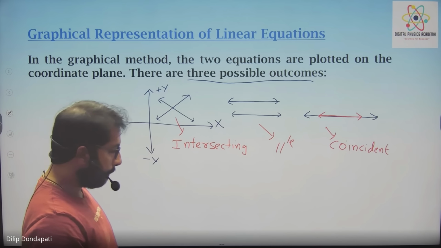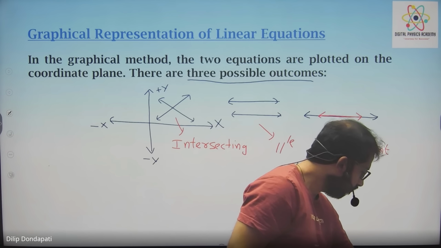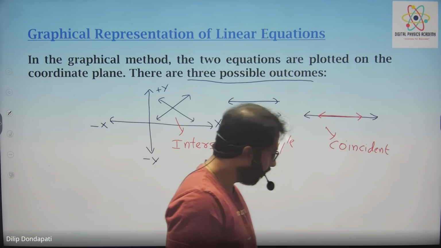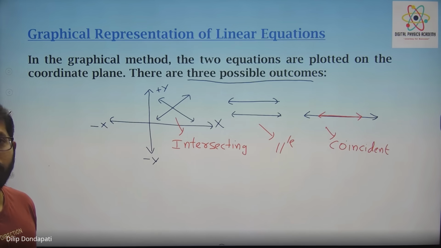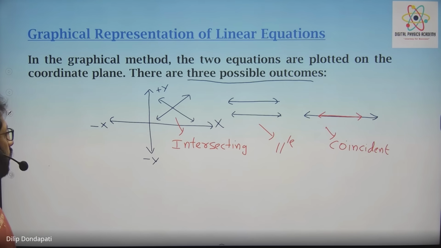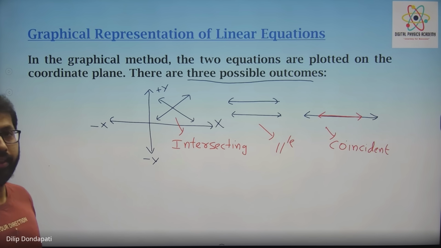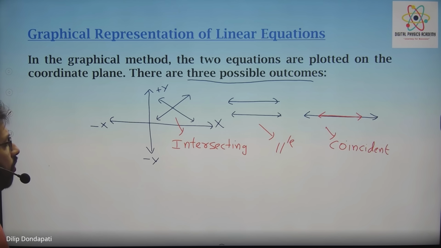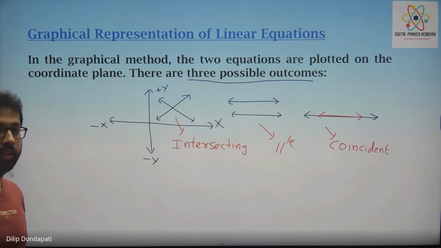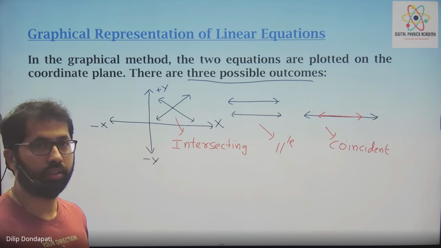Now we will see each one, what it is called and how it is called. First, we have to learn the graphical method in detail, then only we'll go for algebraic methods. In the exam, the first test, when they ask about linear equations, they will tell you to plot the graph and find the solution.